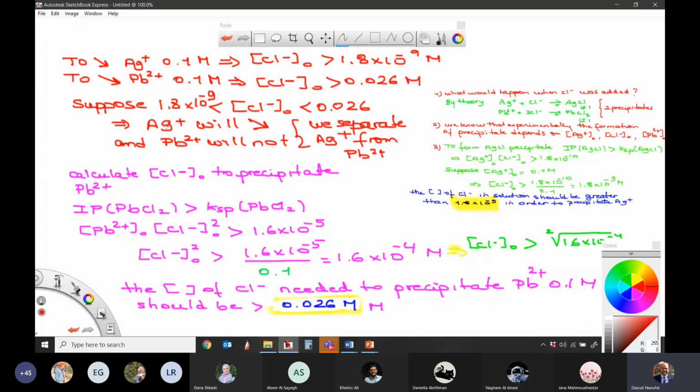You precipitate Ag+ without precipitating Pb2+, so you separate Ag+ by filtration. Ag+ will pass completely to the precipitate AgCl. So by filtration, you eliminate AgCl. So in the solution, you will have only Pb2+. As a final result, you can say that Ag+ was separated from Pb2+.